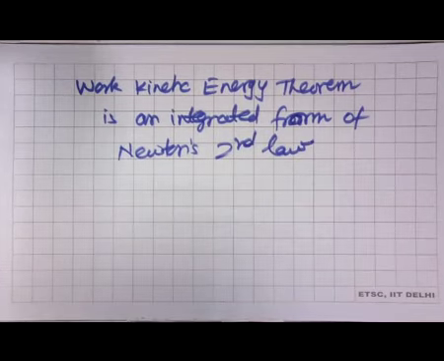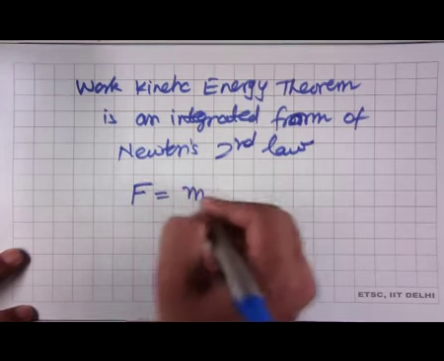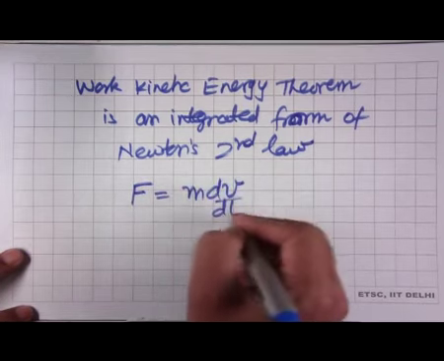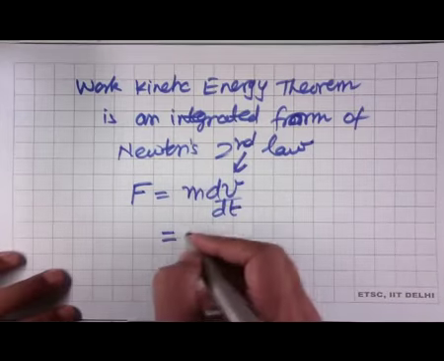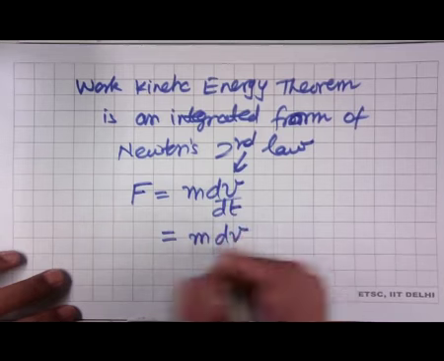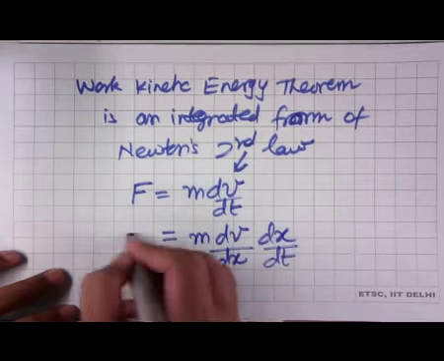And this we can see if we look at simple one dimensional motion. F is equal to m times dv by dt, m times acceleration, this is Newton's second law, and we can write it as m times dv by dx into dx by dt using the chain rule.